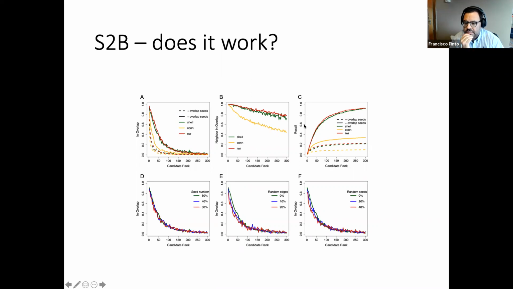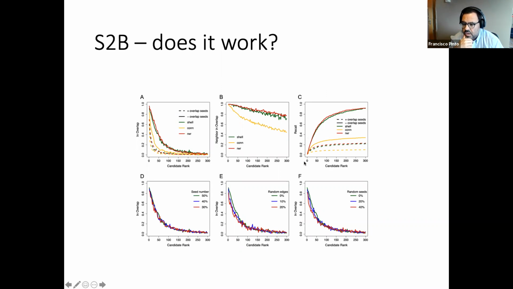We also evaluated the recall among the list of candidates. Among all the known genes in the overlap between the two disease modules, what is the fraction of those positive overlap genes that you recovered with your predictions?